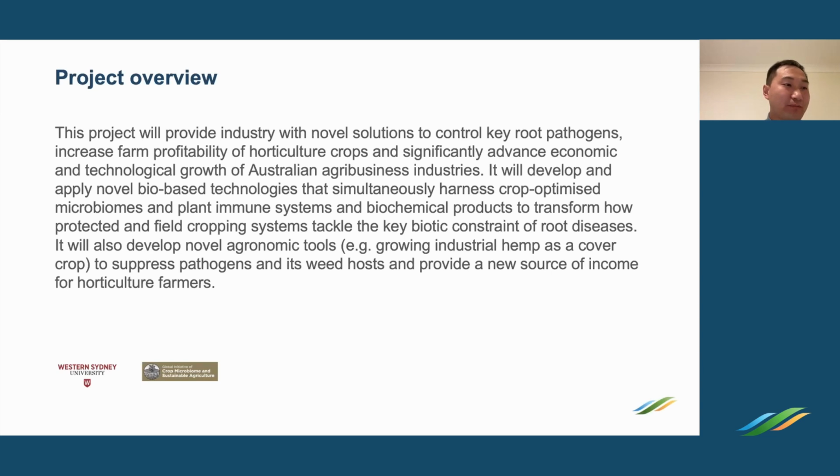It will develop bio-based technologies to utilize crop-optimized microbiomes, plants' immune systems, and biochemical products to revolutionize the way root diseases are tackled in both protected and field conditions. We are planning to introduce unique tools to suppress disease and weed hosts, offering horticulture farmers additional income systems.